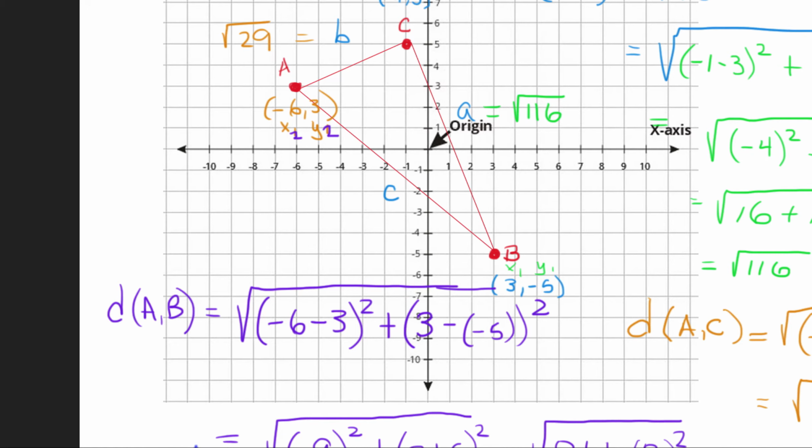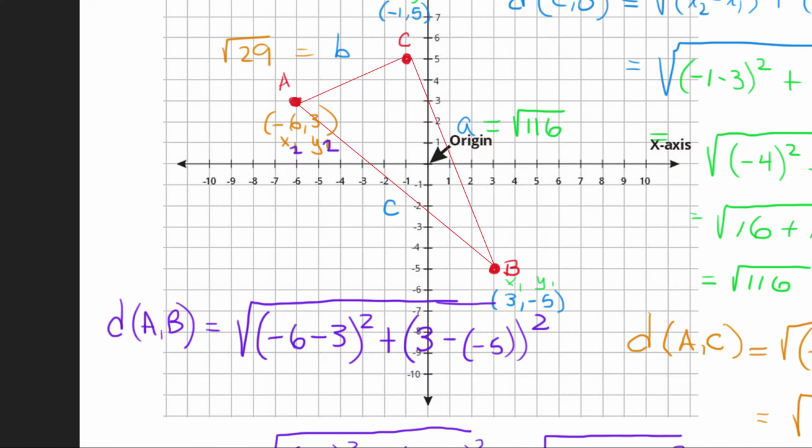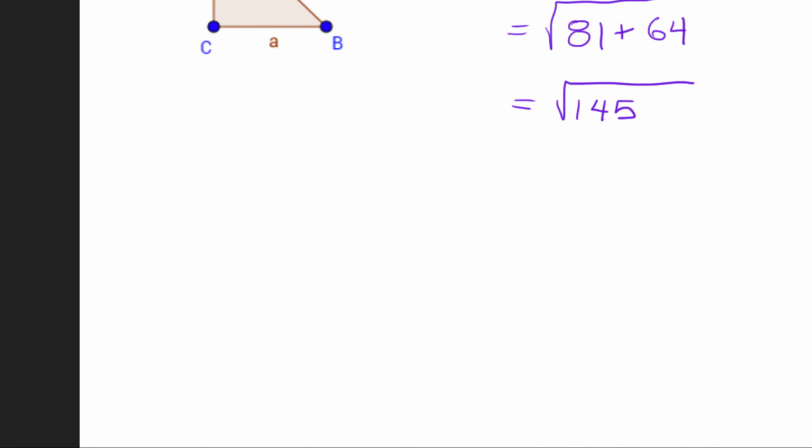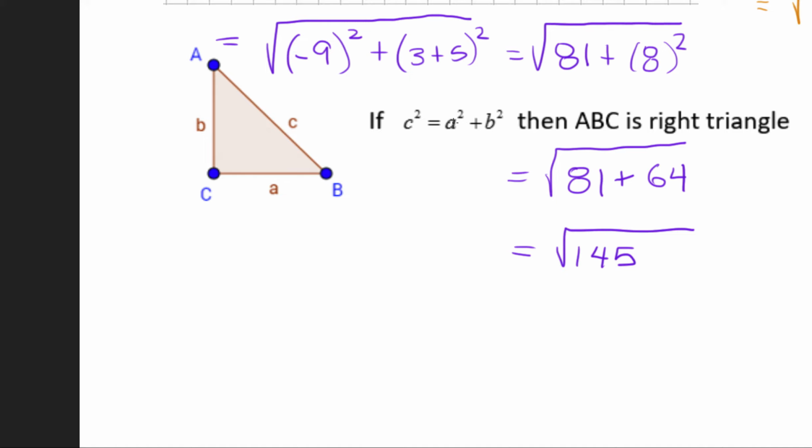Now, how do we connect all of this? Well, those are the distances, but the formula says that you have to square them and they have to equal each other. So that means the following. C, which is this distance right here, is the square root of 145. And I have to square it.